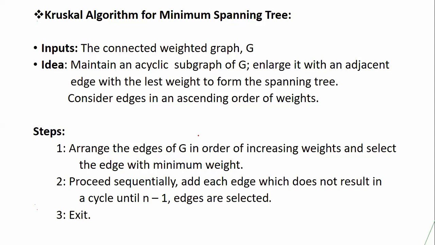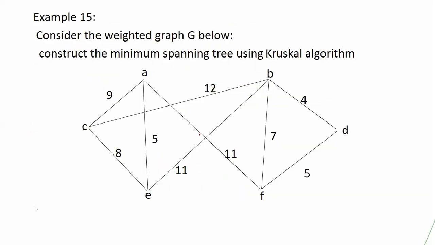So now let's apply these steps to the graph here. If you are going to consider the minimum spanning weight, we are not going to look through all the edges. Now you have the weights on top of them. So we are picking the least among them, and we start from that edge.